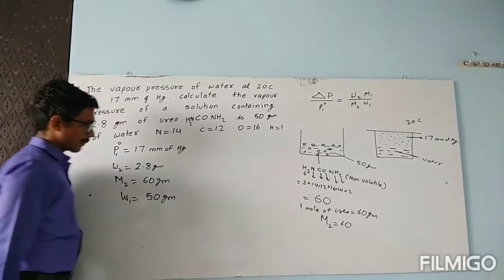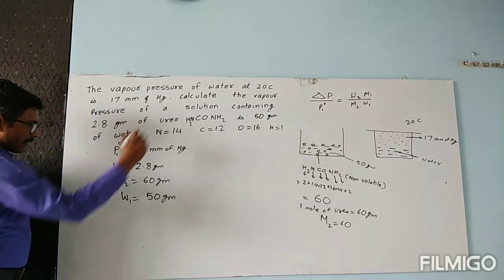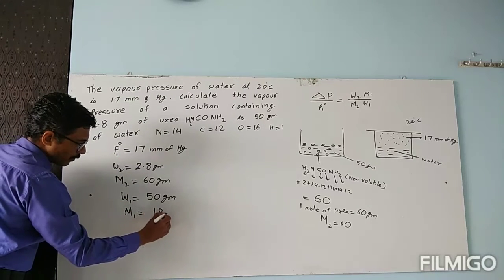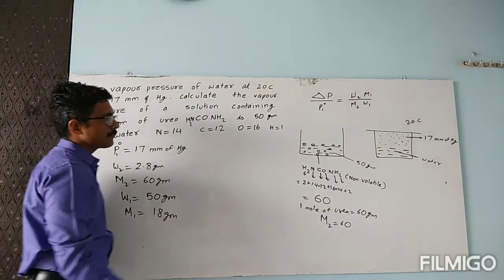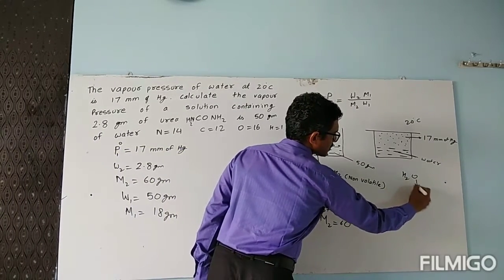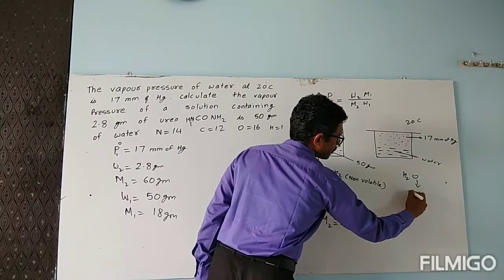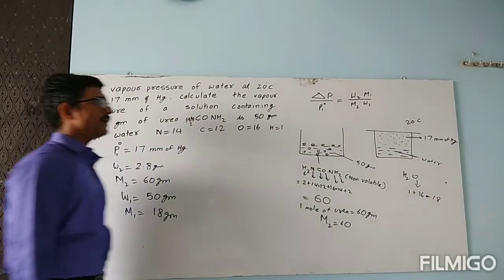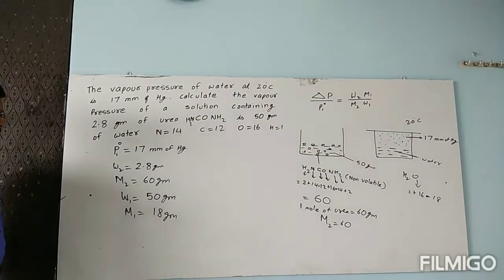Even the molar mass of water, we all know, is 18 gram. Having the formula H2O, oxygen is 16, and for 2 hydrogens 2 comes out as 18 gram. So the molar mass of water is 18 gram.